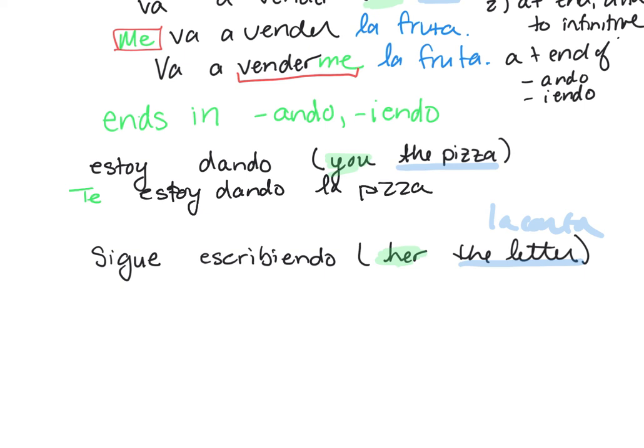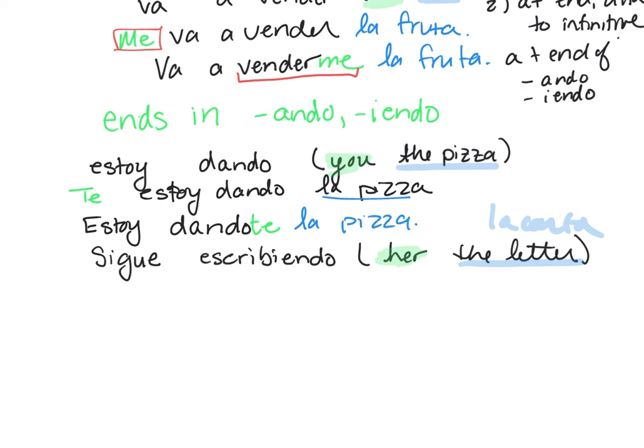And then the other way of saying it would be estoy dándote la pizza. Let's make sure it's all looking like one word. Dando, still one word.